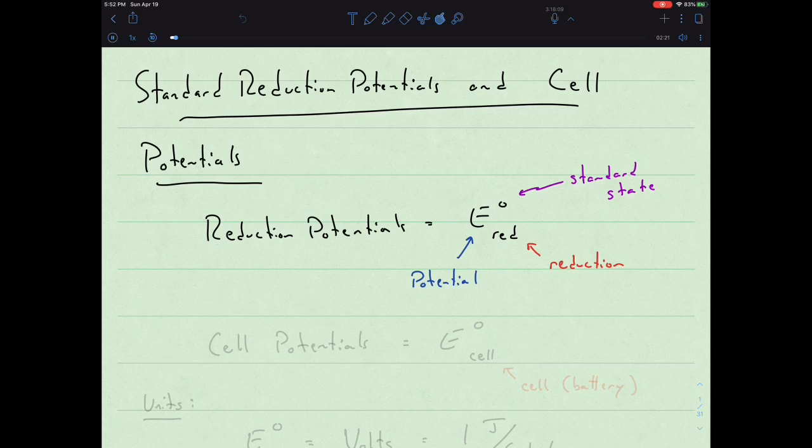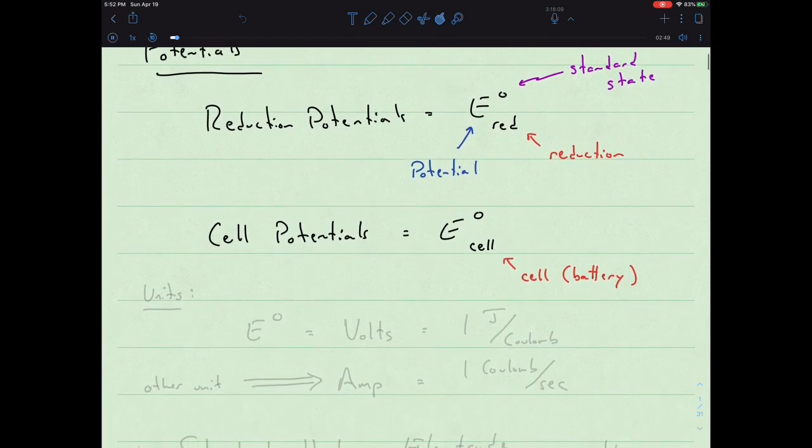We also have cell potentials, and we can write it in much the same regard. We tend to be specific with the notion of a cell, which is really just this idea of a battery.